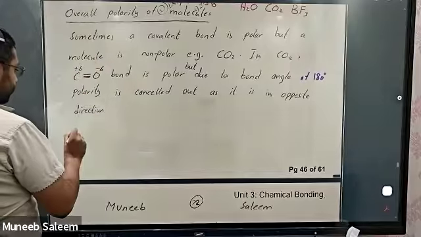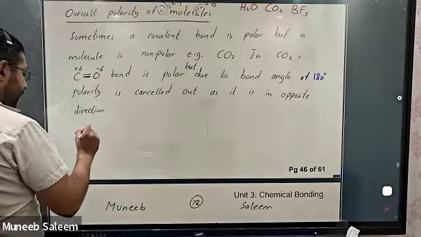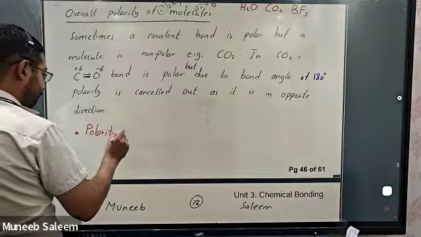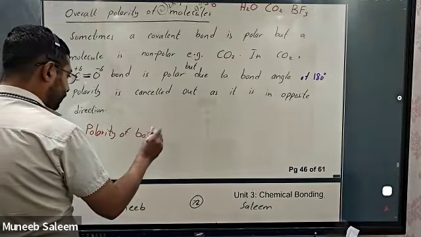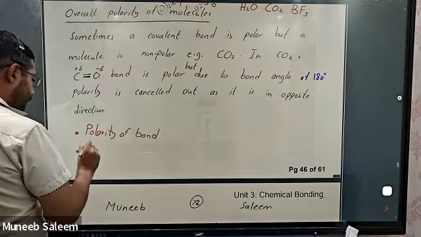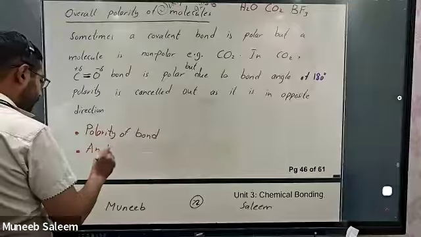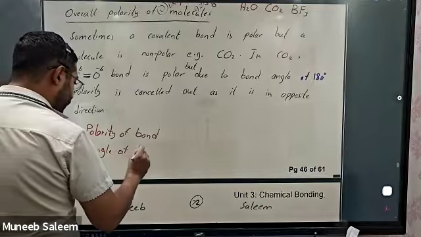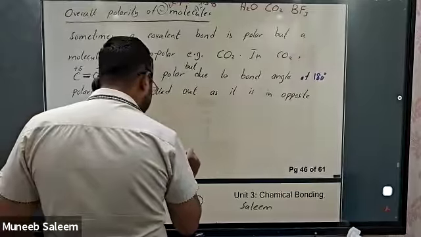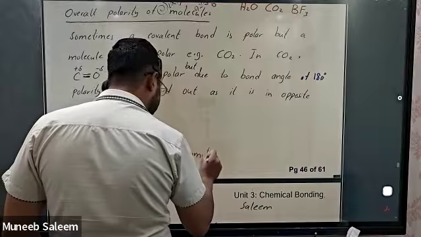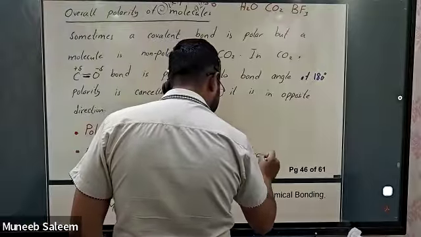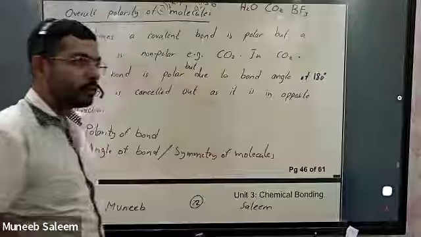Number one is the polarity of the bond, and the second one is the angle of the bonds, or we could say the symmetry of the molecules. This is the second thing. Symmetry of the molecules.